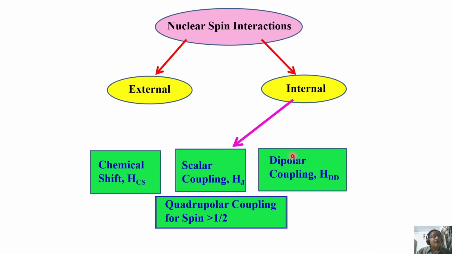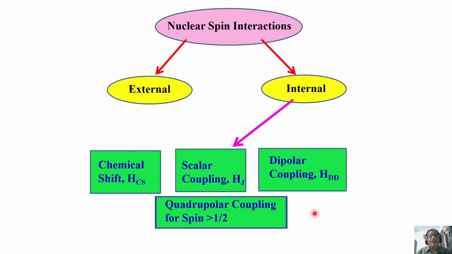All these three parameters pertain to spin half nuclei. There, I'm talking about spin half nuclei. But you can consider nuclei whose spin is greater than half. For example, we understood nitrogen 14, which has a spin 1.